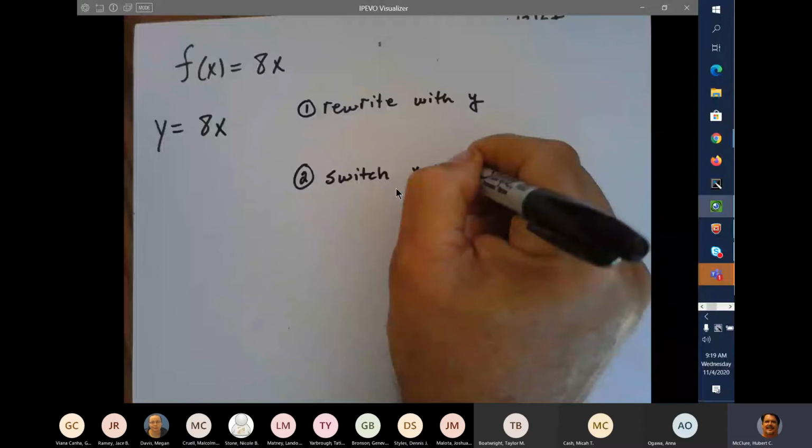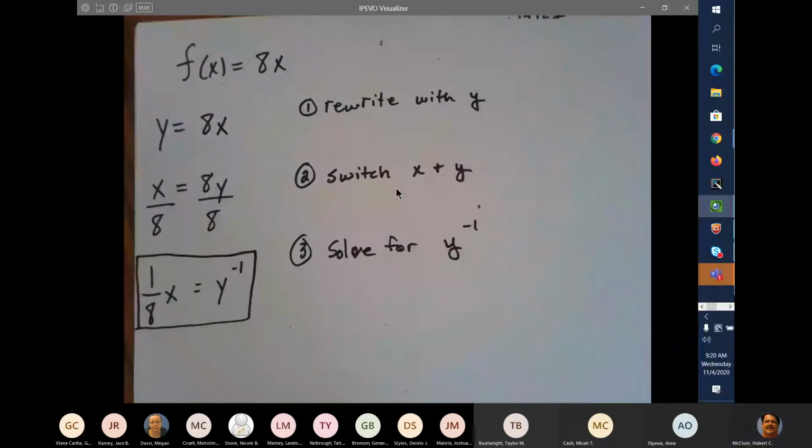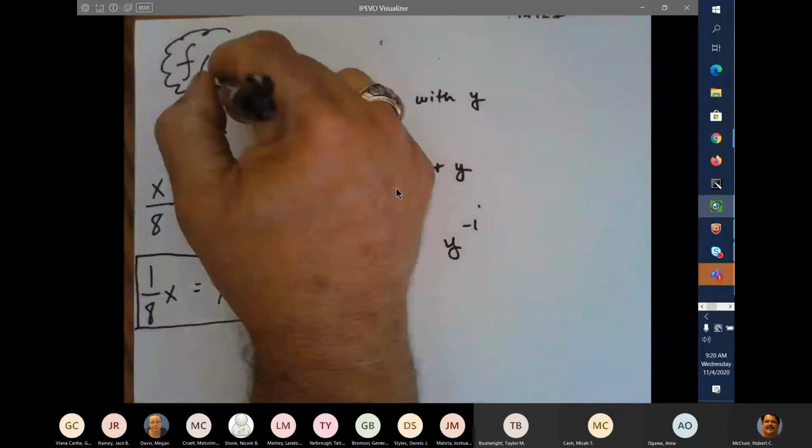I'm going to say 1/8x. Okay? Now, what is this? Well, this is your original function, and this is your inverse function.